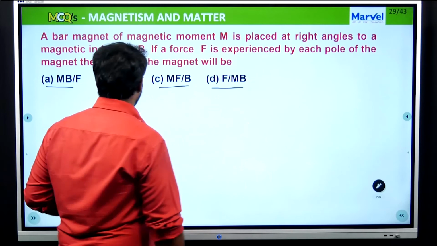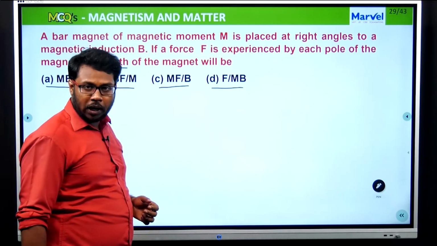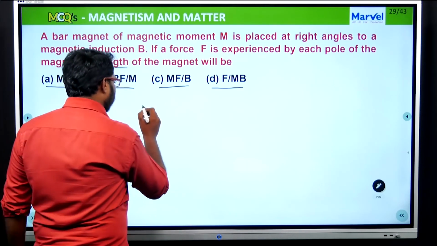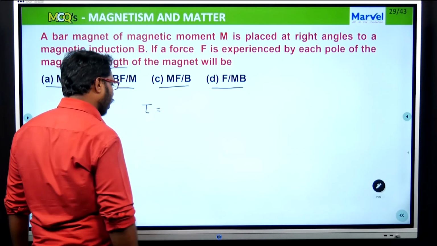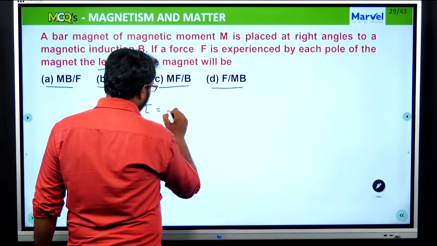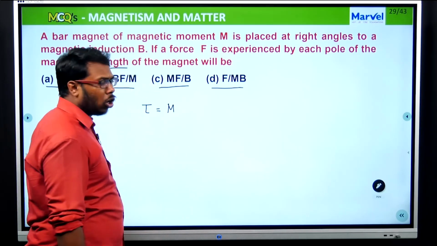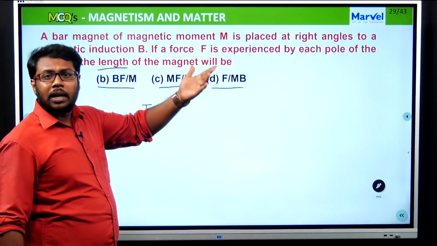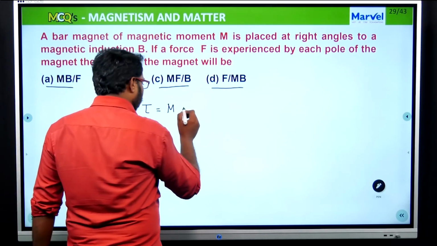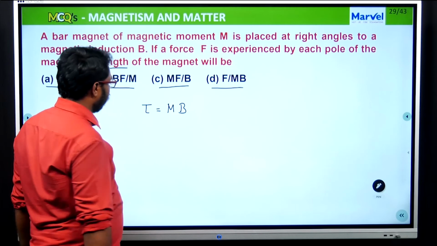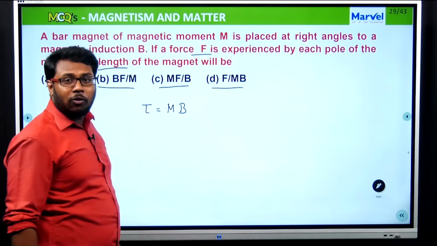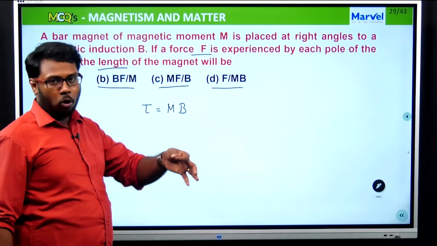See, whenever a bar magnet is placed in a magnetic field, it will experience a torque and it will try to rotate. The torque experienced by the bar magnet is given by tau is equal to m bar cross b bar. Since it is placed exactly perpendicular, sin theta is 1. So tau is equal to m into b. And what they have said is capital F is the force experienced by the poles.